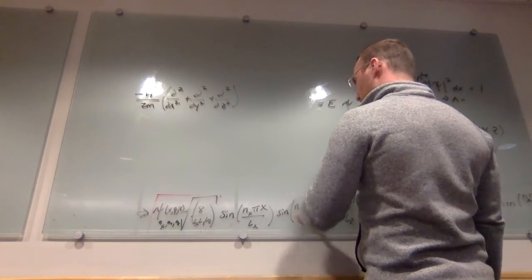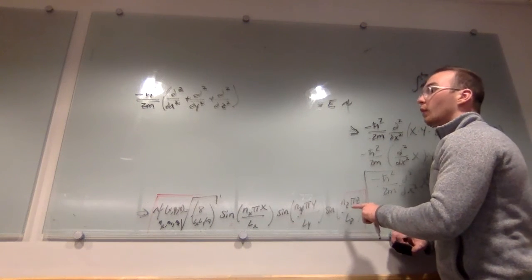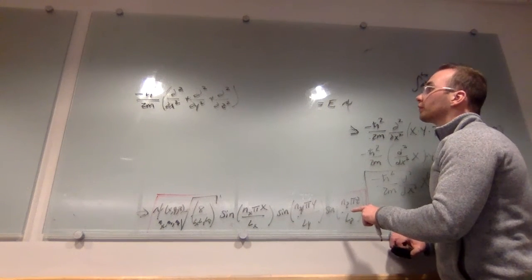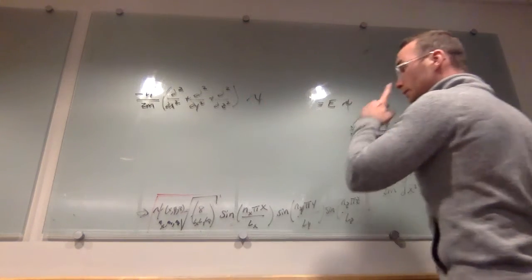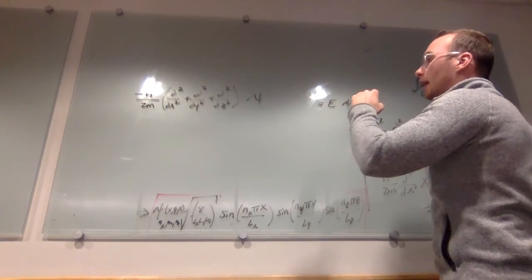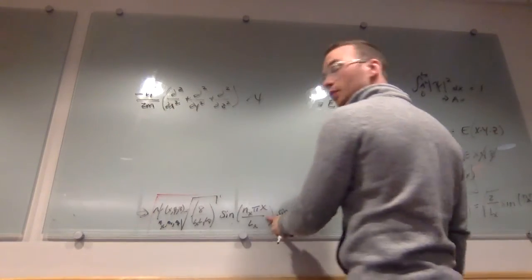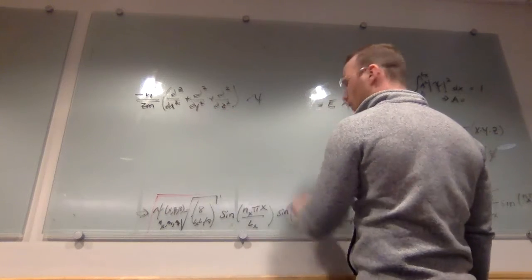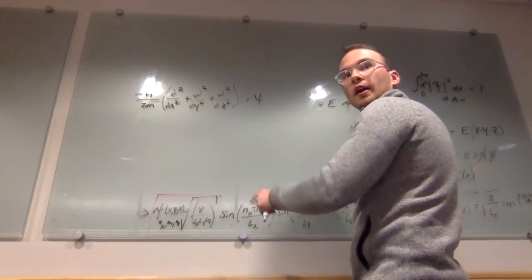So what do we get when we plug in this function? It's just the product of three sine functions. I'll just say psi because I don't want to write them all out. As we just saw, the x derivative only acts on this one, the y derivative only acts on this one, and the z derivative only acts on this one, because of the product rule.